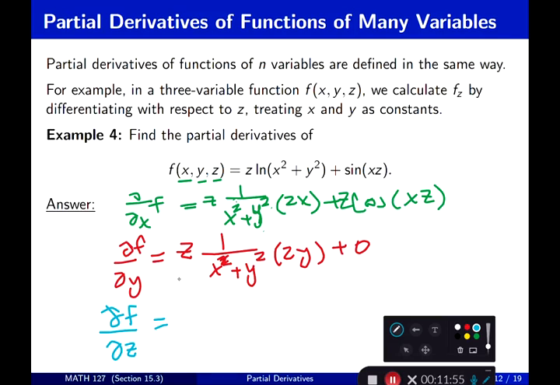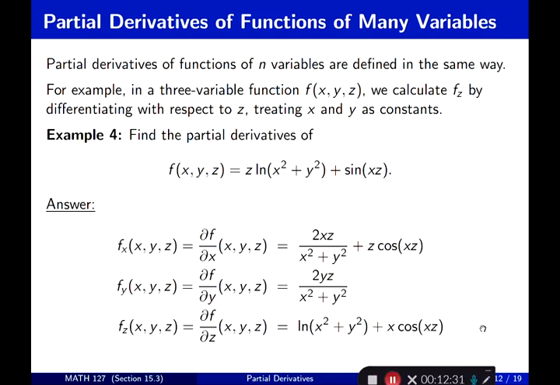So the derivative is just the derivative of z times that, natural log of x squared plus y squared, and then sine of xz, because it's not a constant inside, it would be cosine xz times the derivative of the inside with respect to z, you get an x in there.